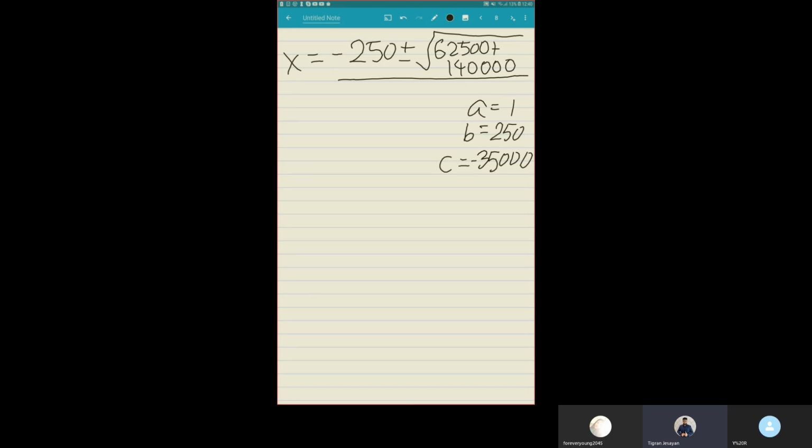One question: when I have to divide this, am I supposed to divide everything by 2, including the 2,500 plus minus, or only the part under the root? No, everything. Basically everything. It covers the whole numerator.